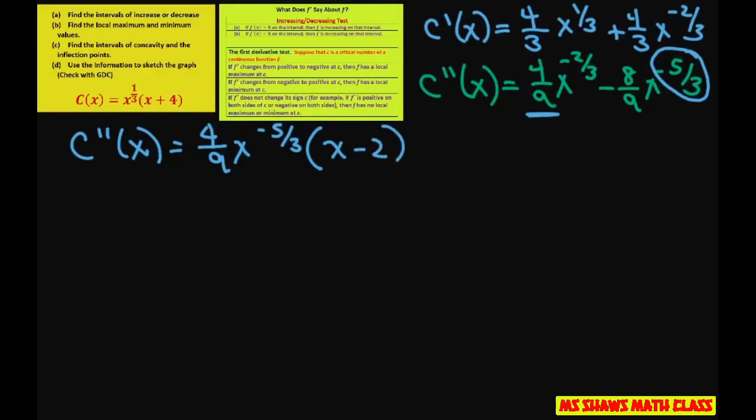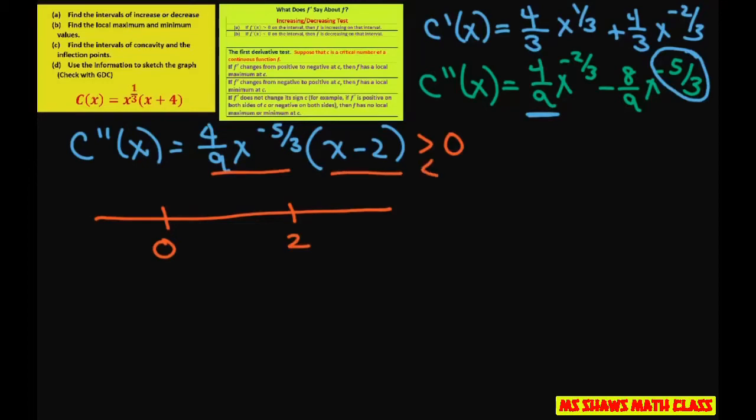And for concavity, we're going to check if it's positive and negative. So we're checking again at 0 and 2. And just take both of these pieces. If I plug in negative 1, I'm going to get negative times a negative is positive.